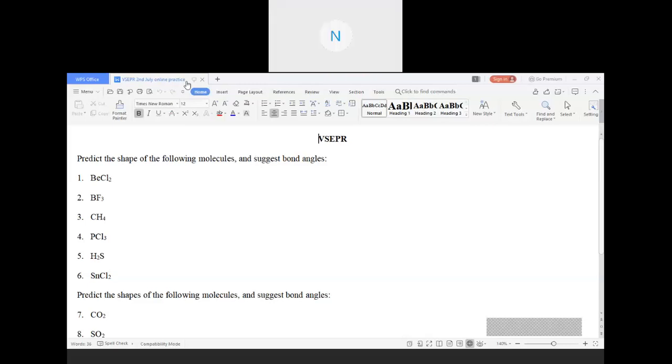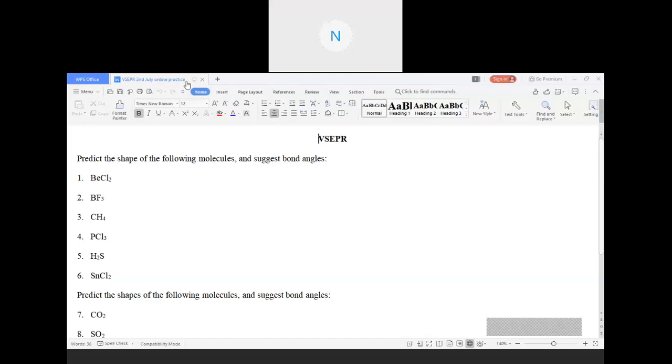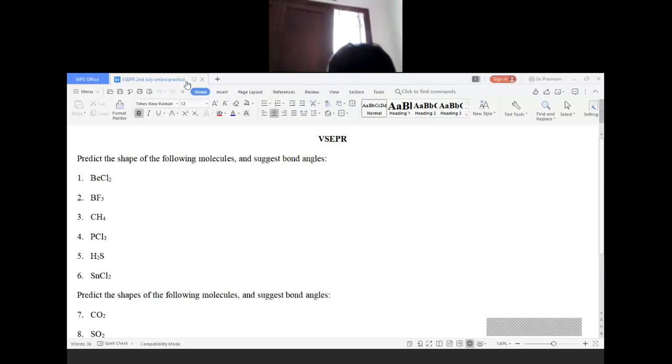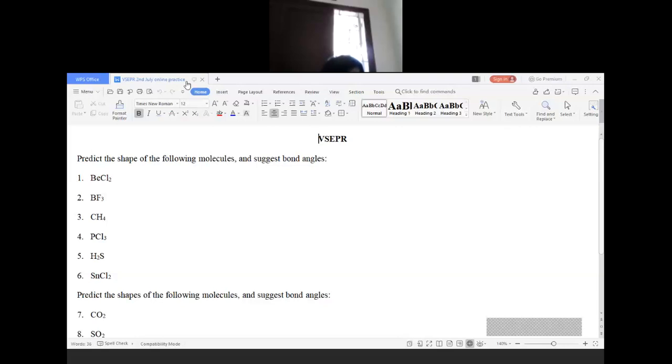There are 3 bond pairs. How many lone pairs? 1 lone pair. So, what is the bond angle? 107. Yes. So, what is the shape? Trigonal pyramidal.